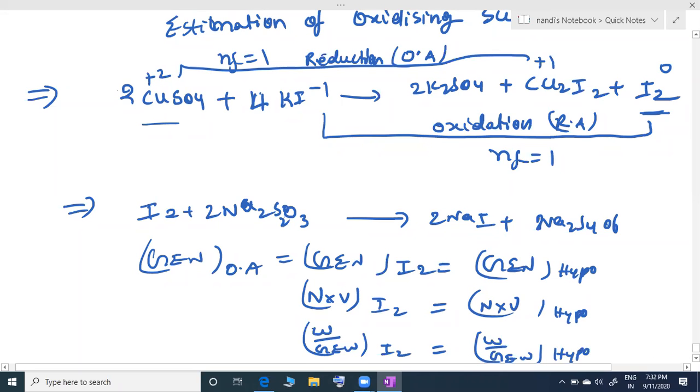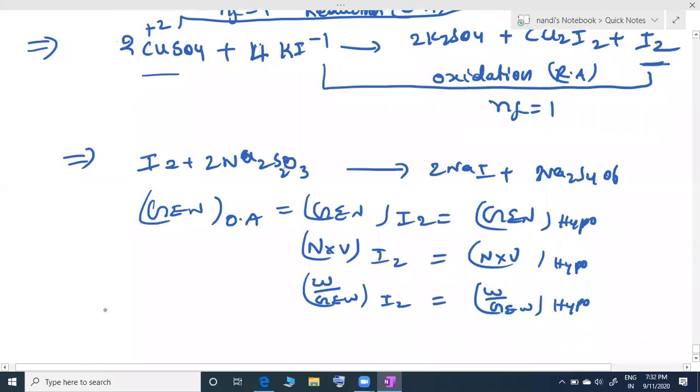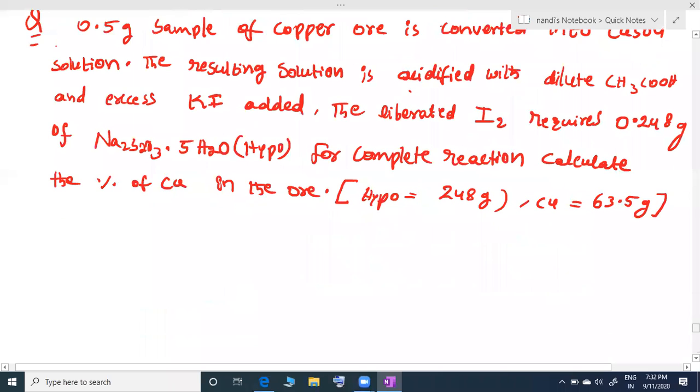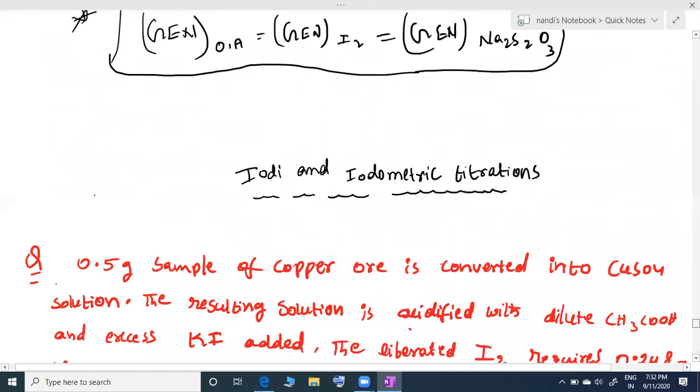Here also we are using just starch solution as the indicator. At the point where the blue color disappears, that is the end point. This is the basic principle. By using this you are able to solve this question, you can try it. Even if they give a very big question, you don't need to think. Clear? You can try it in a very simple way.